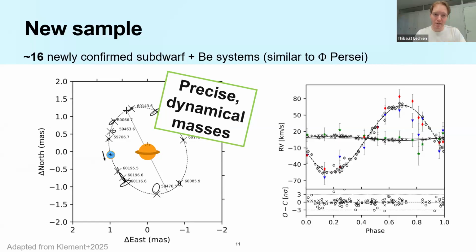And this gives us precise masses, which allows us to better constrain the initial states of the systems.